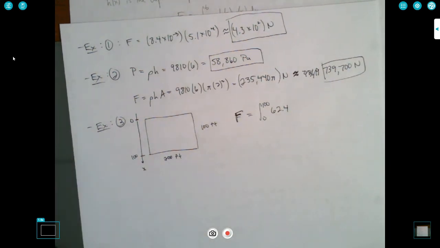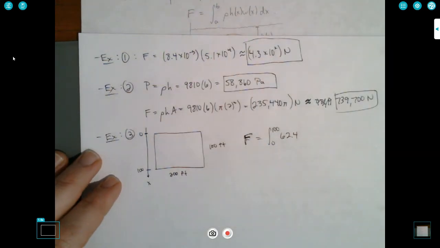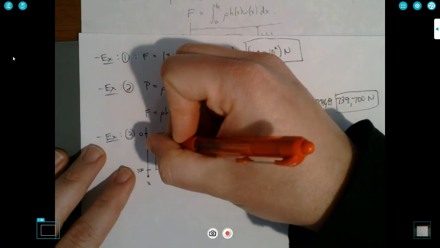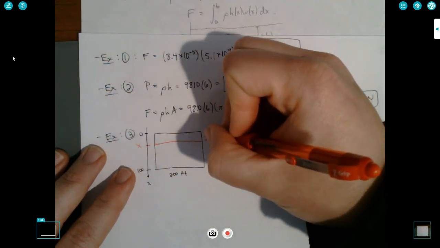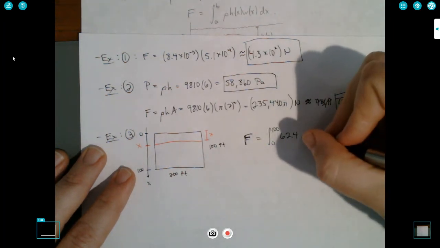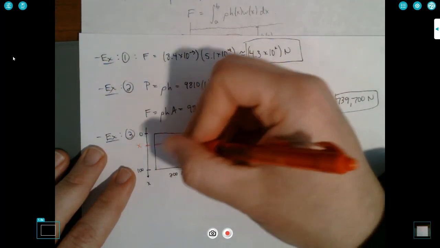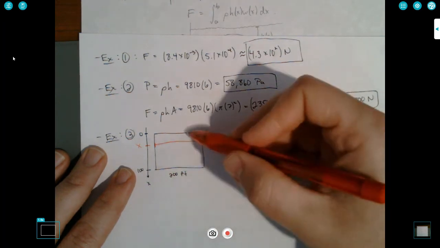Okay, so there's rho times the height. If you just take some generic slice here at x, then the depth is x, right? So the height would be x, and the width, so from here to here, is, well, that's uniform throughout, right?